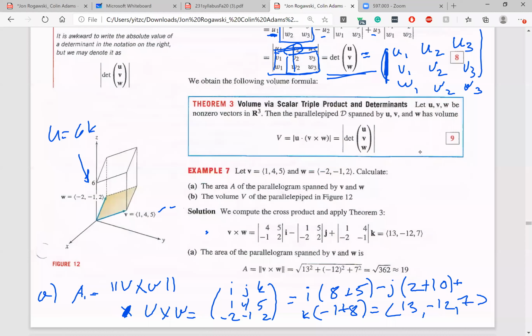And that's going to be the area. They tell us that that's approximately 19.